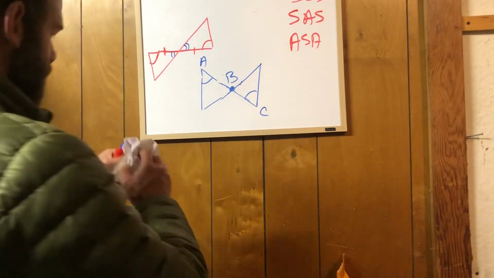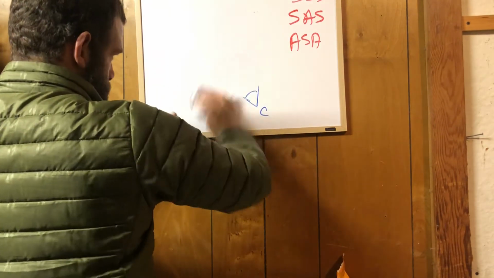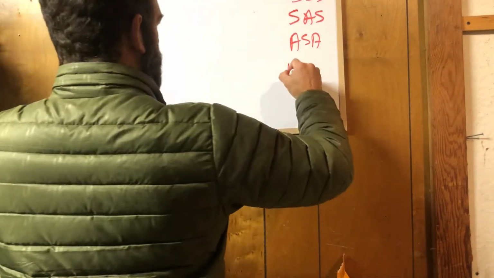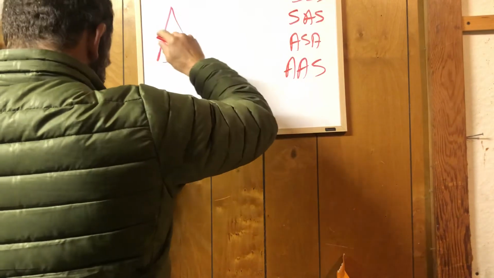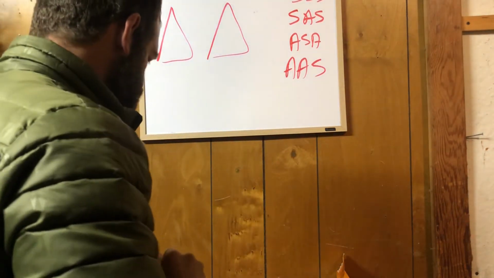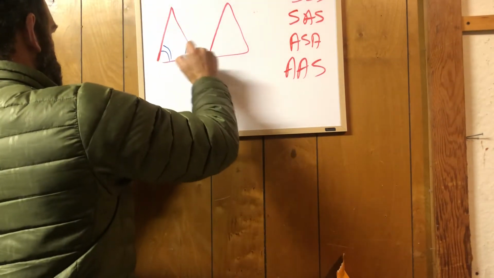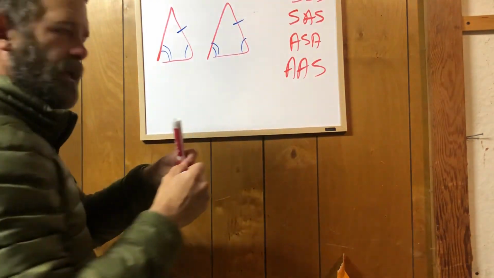The last one is angle, angle, side. So with angle, angle, side, AAS, what this means is if you have a triangle, in the notes I say something like this. Let's say you have a triangle like this.